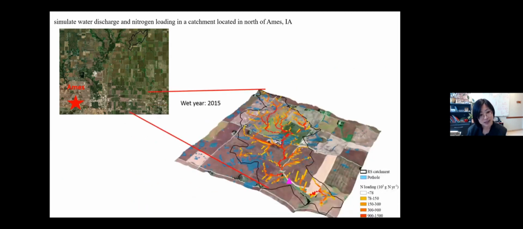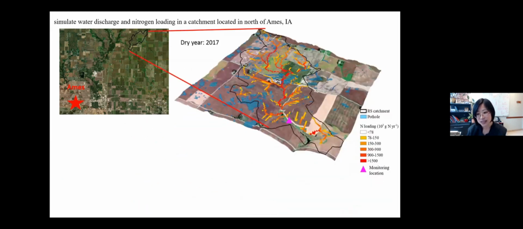But the catchments we want to simulate, like this example, just a few miles north of Ames, have a drainage area of less than 5 square kilometers, which is about 5% of one single grid cell in our Mississippi simulation work. So how reliable would our model be in such a small area?